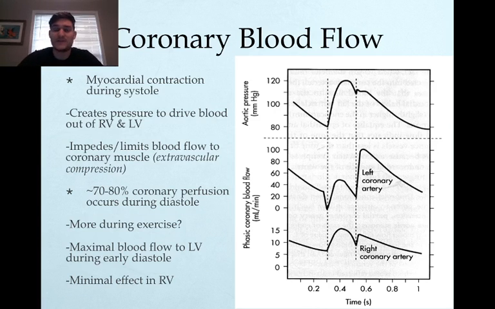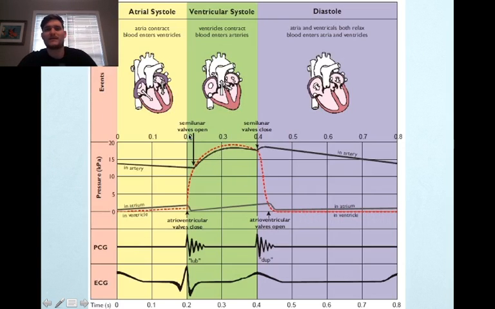But this creates a problem, because during exercise, the output of the heart goes up. That's an increase in stroke volume, and that's an increase in heart rate. So maximal blood flow to the left ventricle happens during diastole, but the problem is that during exercise, this diastole period, this cardiac phase here, gets shorter.